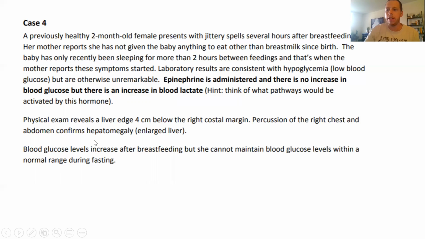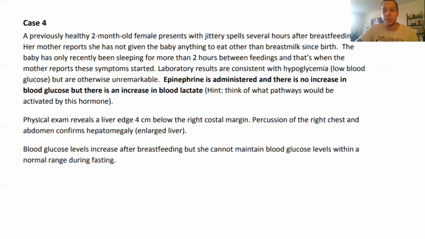Examining the girl showed an enlarged liver, big clue, or hepatomegaly. This combined with the lack of blood glucose response to epinephrine made me think that glycogen is accumulating in the liver and it's not being broken down by glycogenolysis. So there is a block in the glycogenolytic pathway, if that's a word.